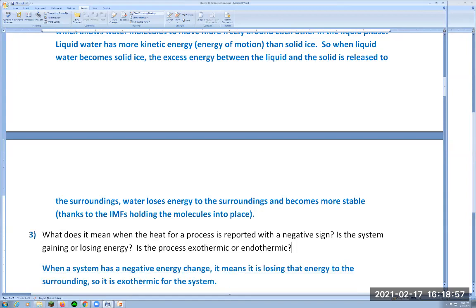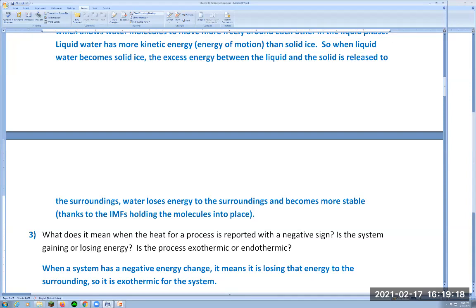When your system has a negative energy change, if it goes through a process, and if it's negative, that means it's losing that energy to the surroundings. It's like you're removing that energy from the system. And so it goes to the surroundings, and so then it is exothermic for the system, right?